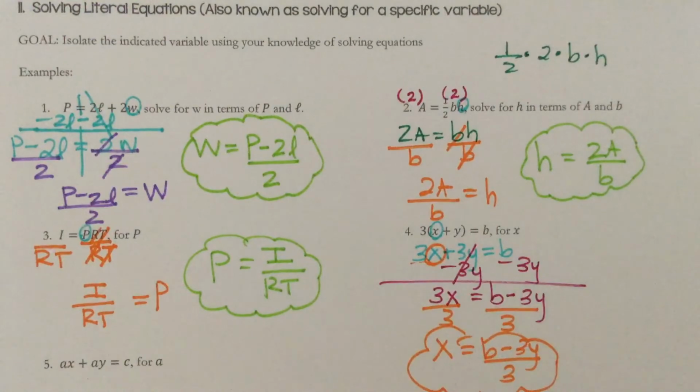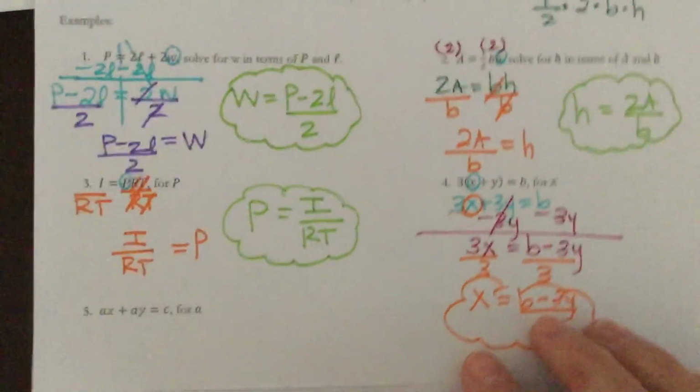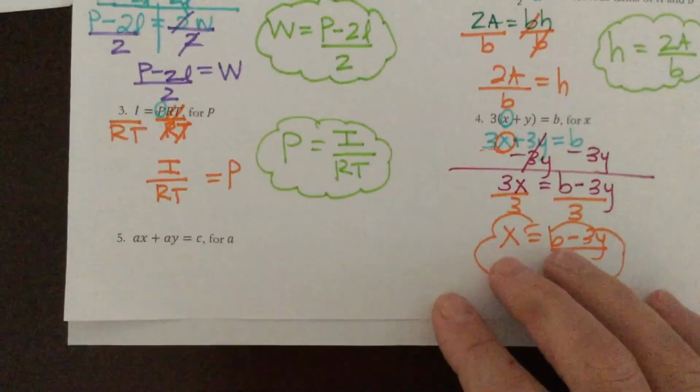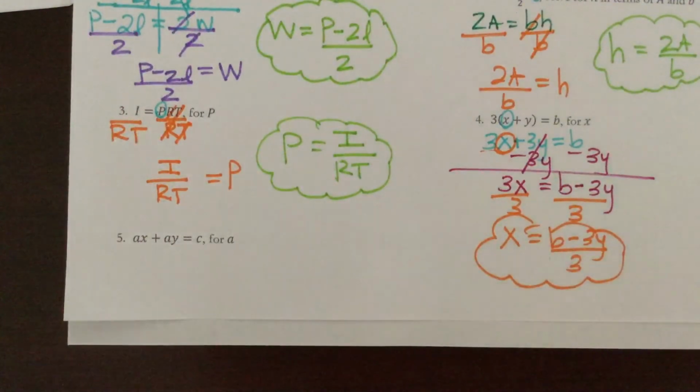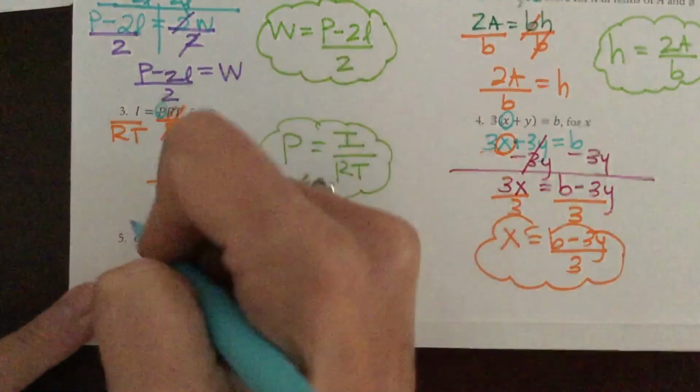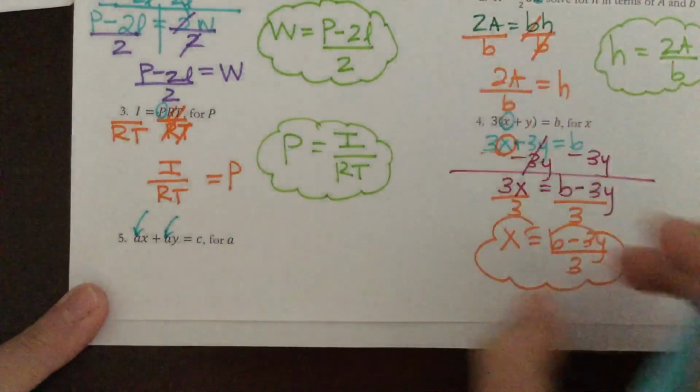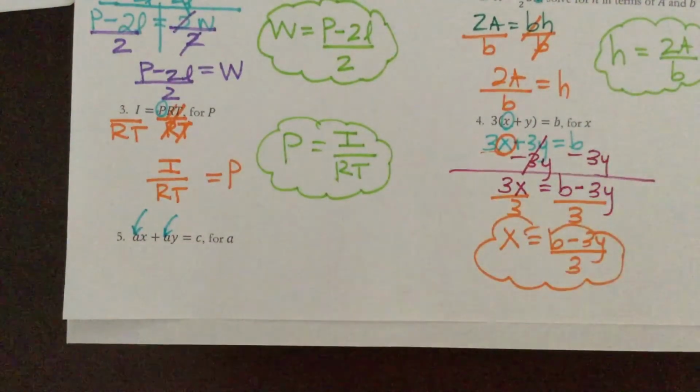The last one's a little tricky. Notice that the variable that I want to solve for actually shows up in the problem twice. I have an a here and an a right there. Thinking back to when we did our algebraic proofs, we saw a couple of examples where we did what some of you described as undoing the distributive property.